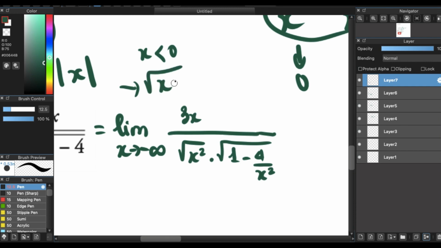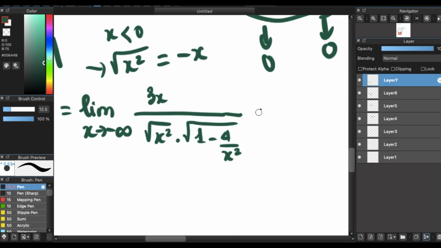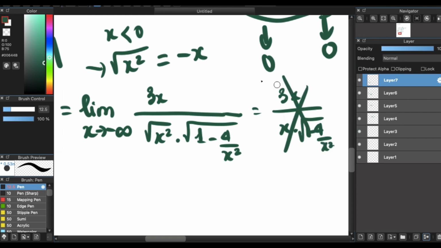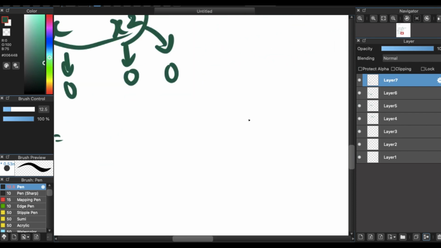So the square root of x squared is going to be minus x instead of x. I've seen some students who wrote it like this, and this is wrong, right? Don't write it like that. It's wrong.